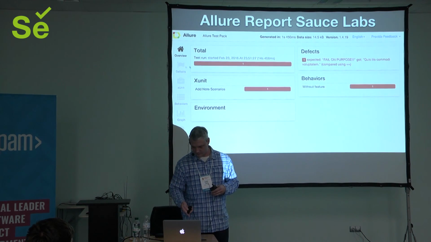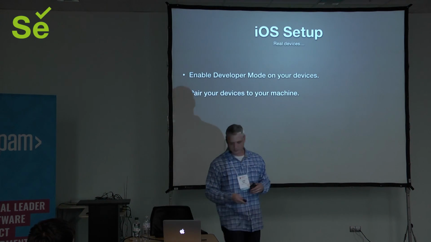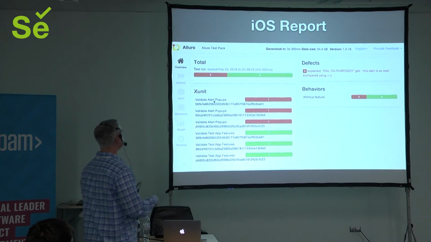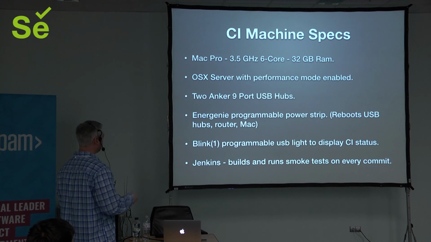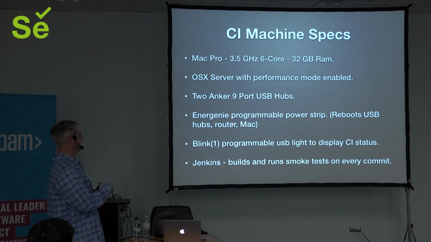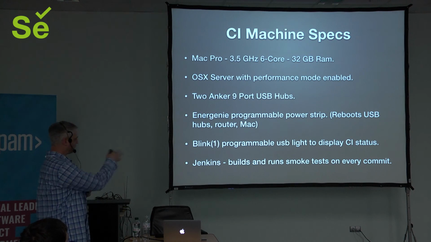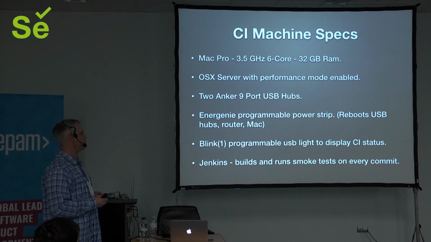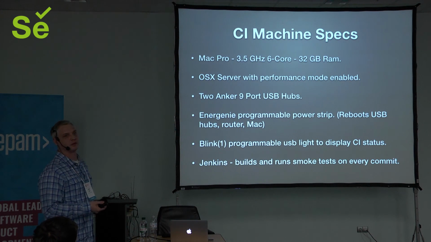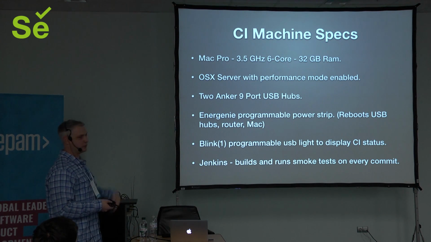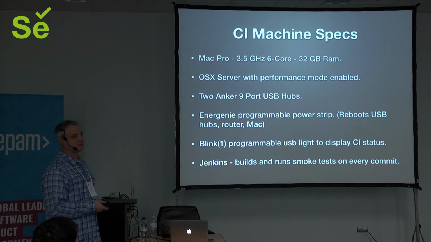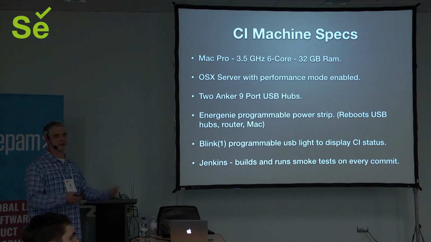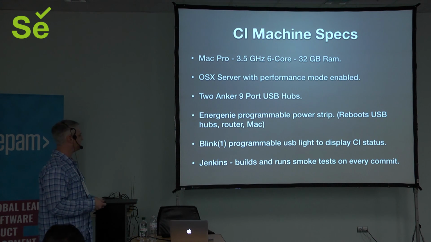All right, so it's called Energenie. The good thing about that is I could control almost everything remotely. I'm at my desk and I want to restart the CI machine. It has a little web server in it, and I could just reboot the computer, the hubs, the router, everything that's plugged into it. It's a nice thing to have.